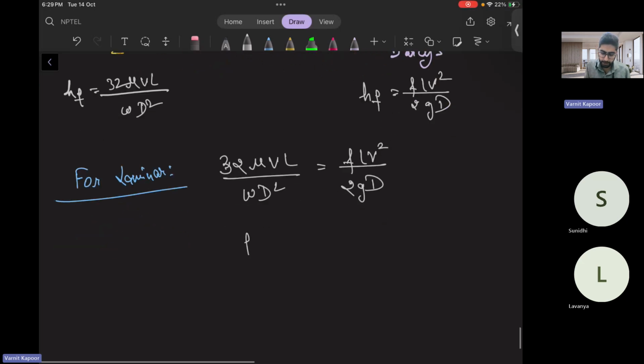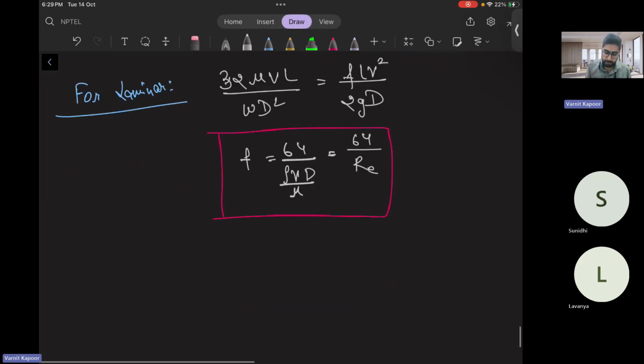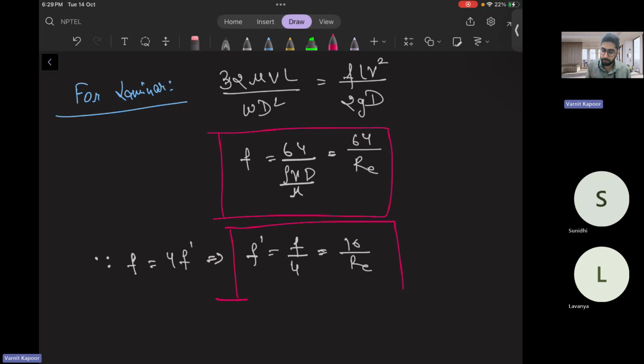So from here, your friction factor will come out to be 64 by rho V d by mu. And what is rho V d by mu? Reynolds number. So f is 64 by Reynolds number. Since friction factor is 4 times friction coefficient, F dash will come out to be f by 4, that is 64 by 4, which is 16 by Reynolds number.